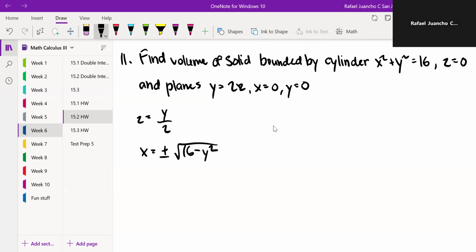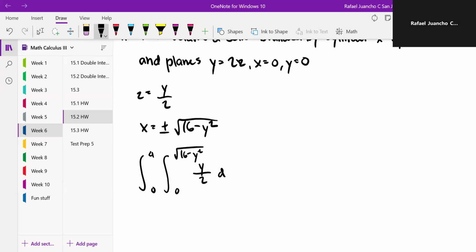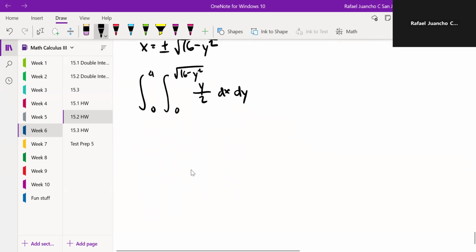And so my integral here would be from 0 to 4, from 0 to this thing, of y half dx dy, right?